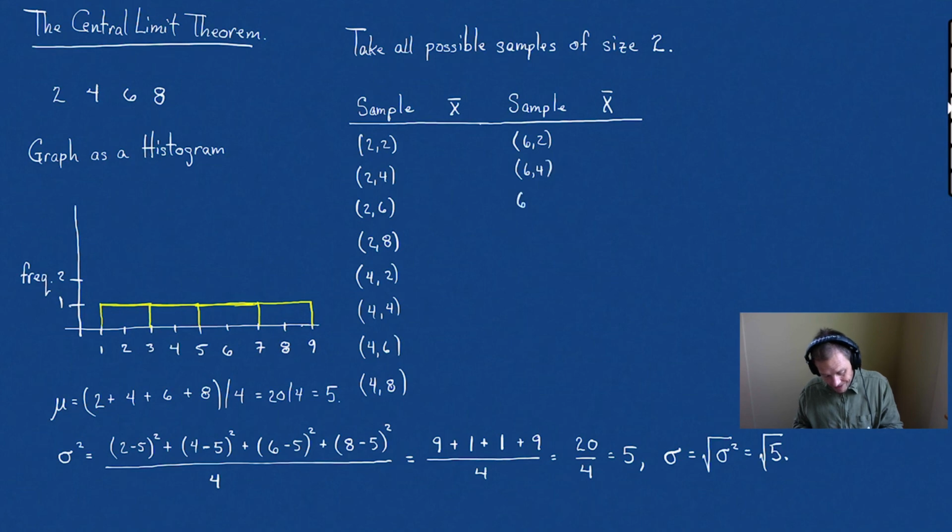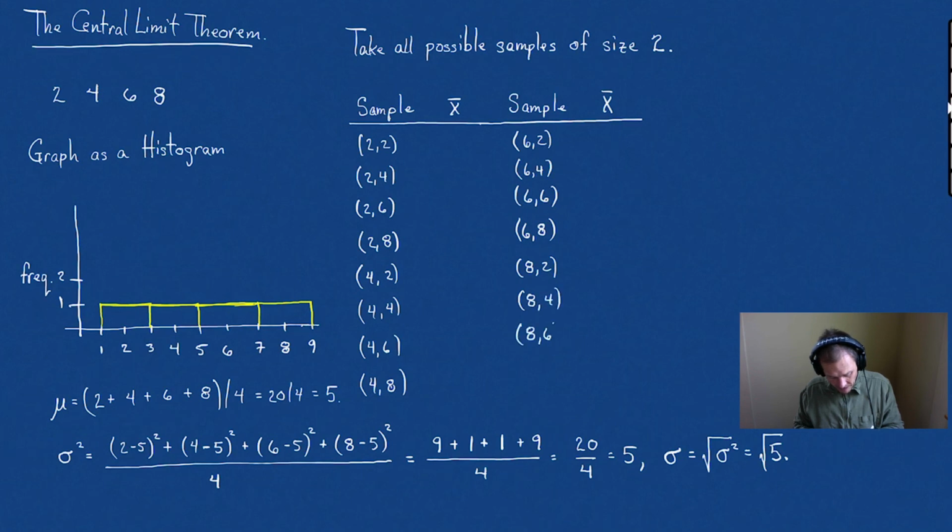And then you draw a 6 and a 6. And then a 6 and an 8. And then you draw an 8 and then a 2. And then an 8 and a 4, an 8 and a 6, and finally an 8 and an 8. And those are all possible samples of size 2.